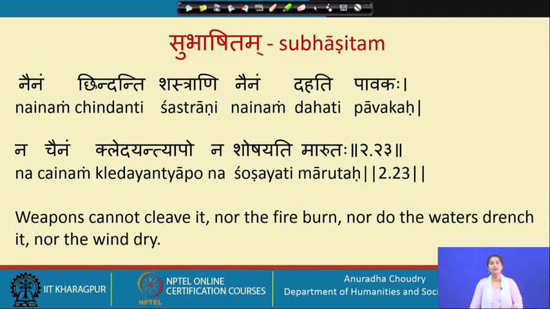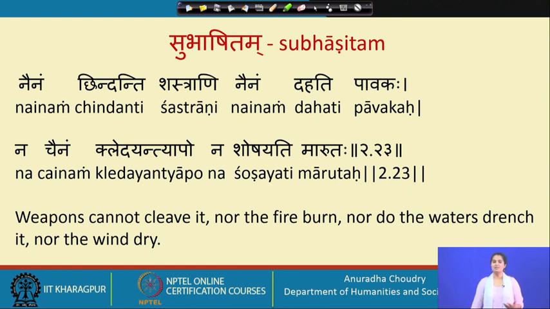Kledayanti apaha, kledayanti means wet or drench, apaha is waters, which is always in the plural form. And na shoshayati, shoshayati means to dry up. Who cannot dry it? The winds. Marutaha cannot dry it up. So the entire translation of this is, weapons cannot cleave it, nor the fire burn, nor do the waters drench it, nor the wind dry.